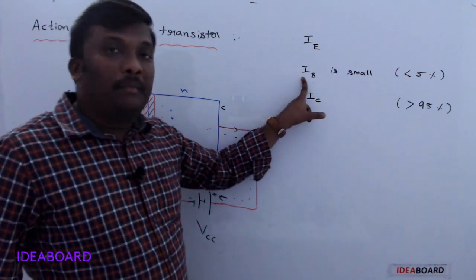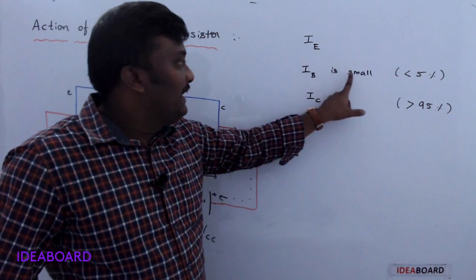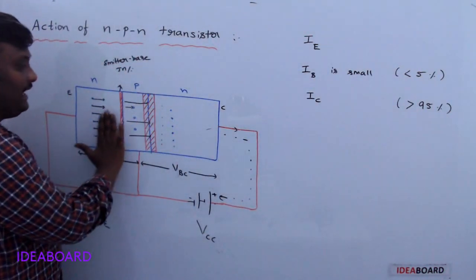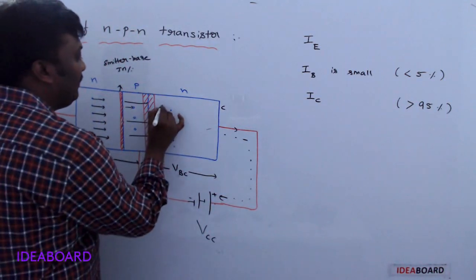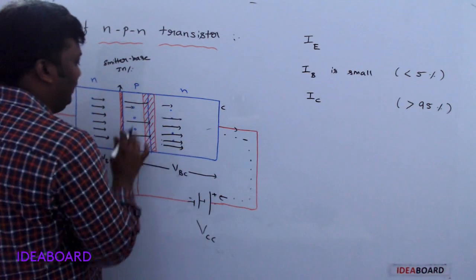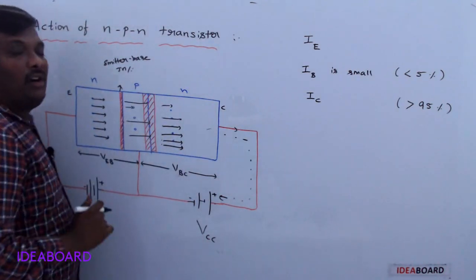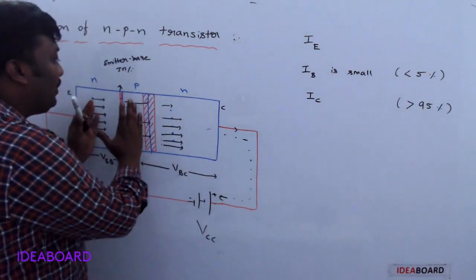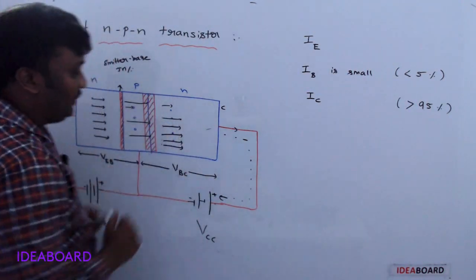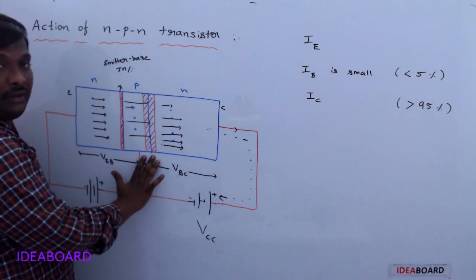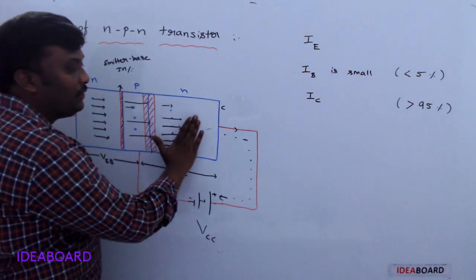Due to that base current will be developed, but it is small. Only less than 5% of these electrons are recombined with the holes in the base region. So more than 95% of electrons penetrate through the collector junction and enter into the collector region.